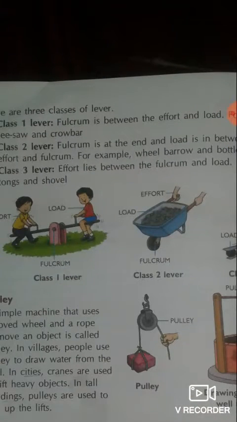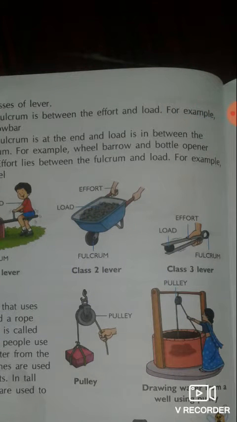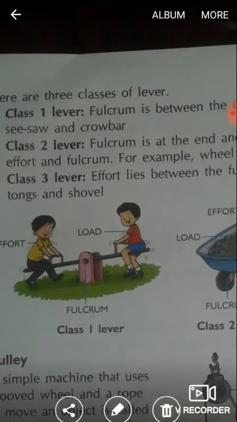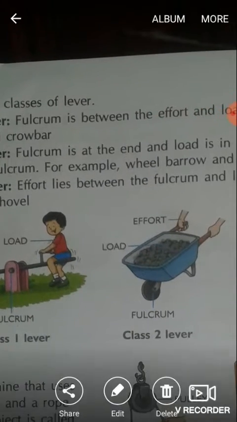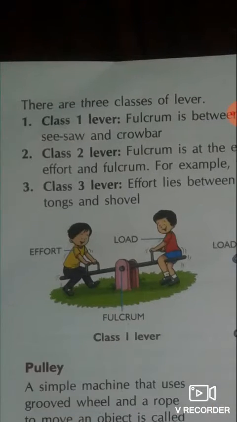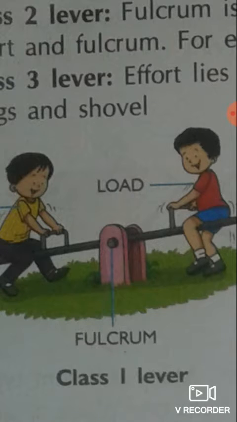So let us see. Sometimes the fulcrum is in the middle, at the end, or in the beginning. Different positions. Class 1 lever: fulcrum is between the effort and load. For example, seesaw and crowbar. Seesaw, you can see here, you also played in childhood.